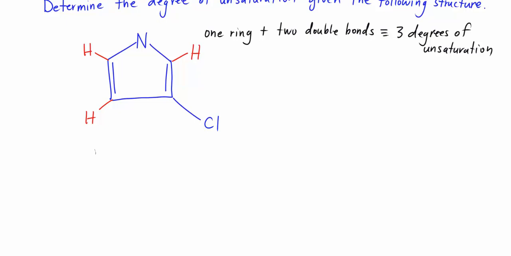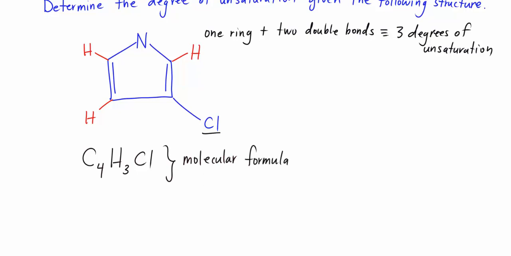We have 4 carbons, so that would be C4. We have how many hydrogens? 1, 2, 3. So that would be H3. And what else do we have left? We have this chlorine. So this is our molecular formula.